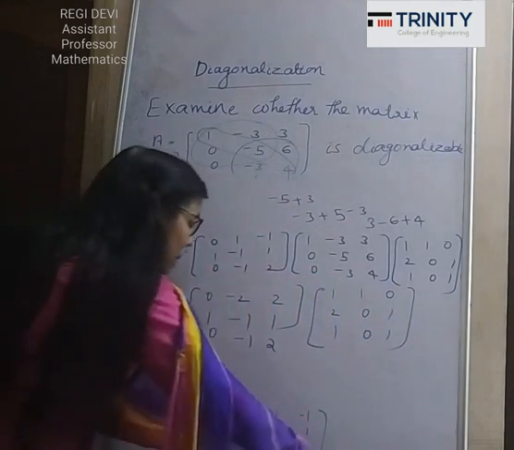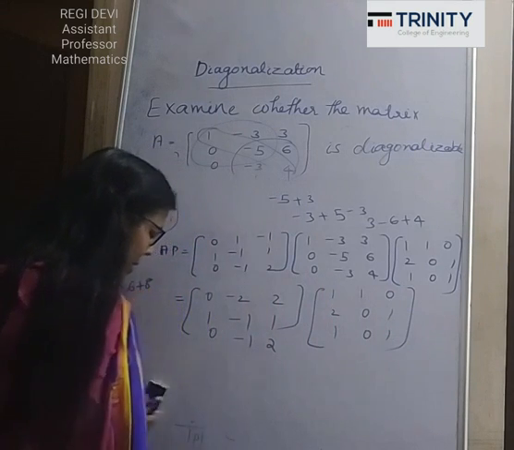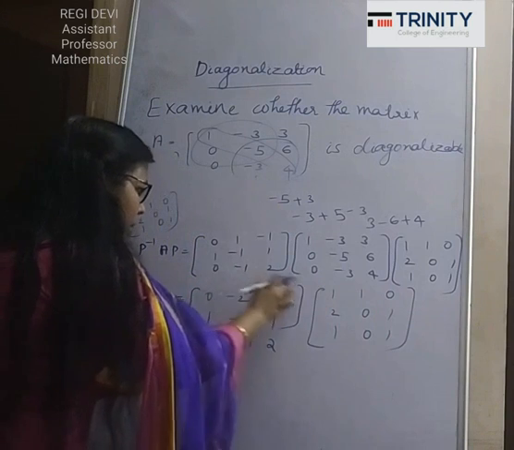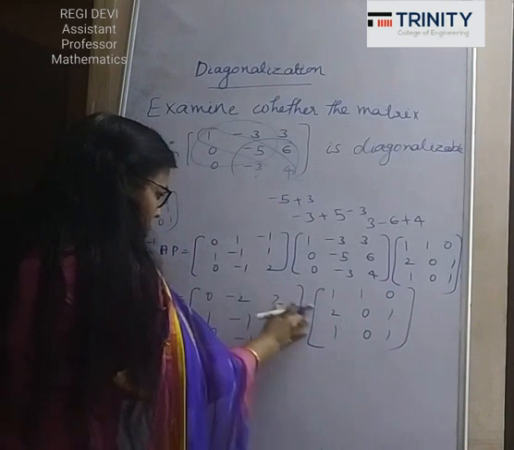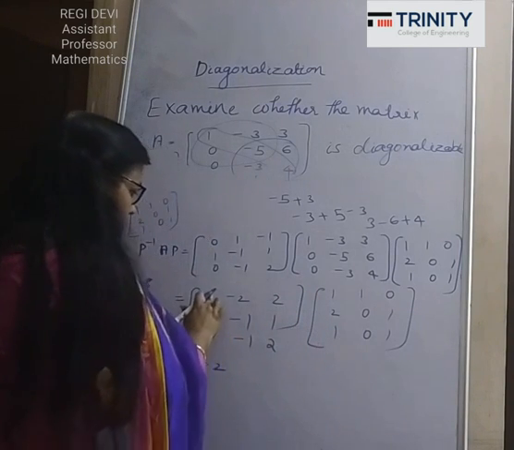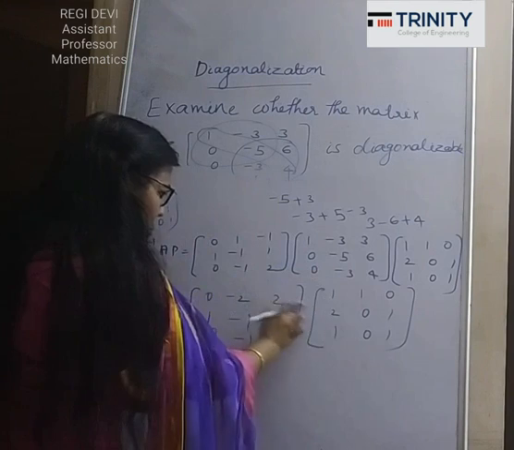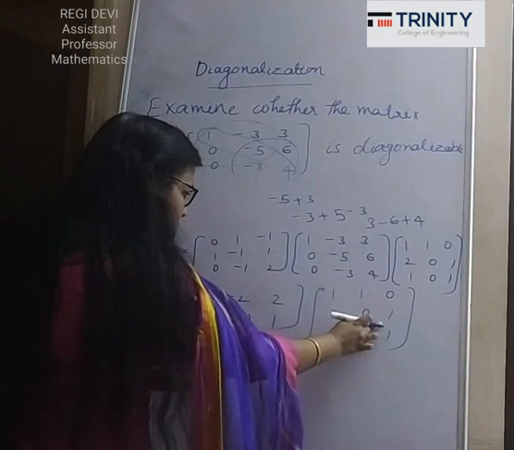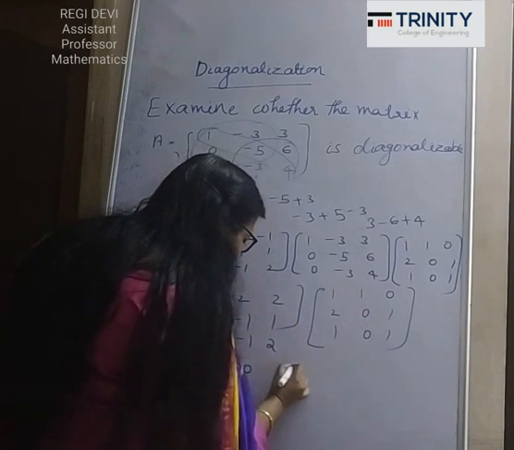Now we have to multiply these two matrices. That is 0, minus 4 plus 2, that is minus 2, 0, 0, 0, then 0, minus 2 plus 2, 0.